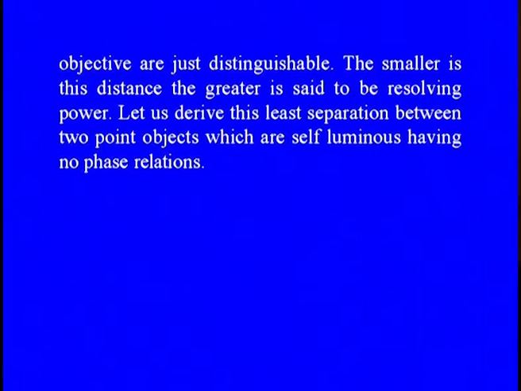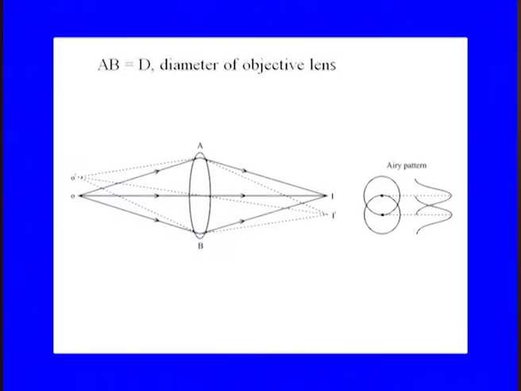Let us derive this least separation between two point objects which are self luminous, having no phase relationship. The objective of the microscope is a simple convex lens as shown in this figure, and the waves of light, assumed to be of the same wavelength lambda, starting from self luminous point objects O and O prime are diffracted by the circular periphery of the lens.